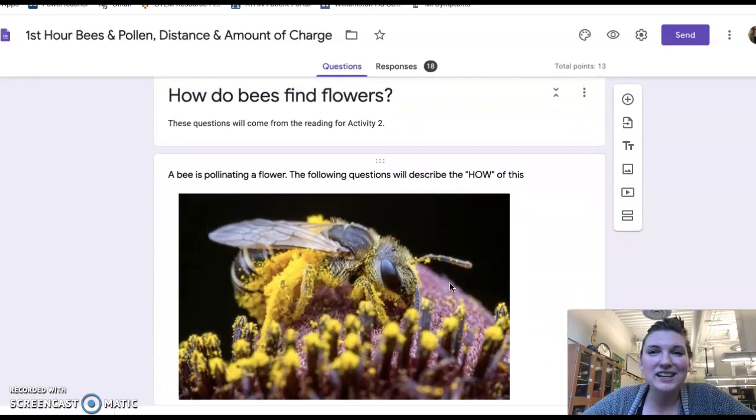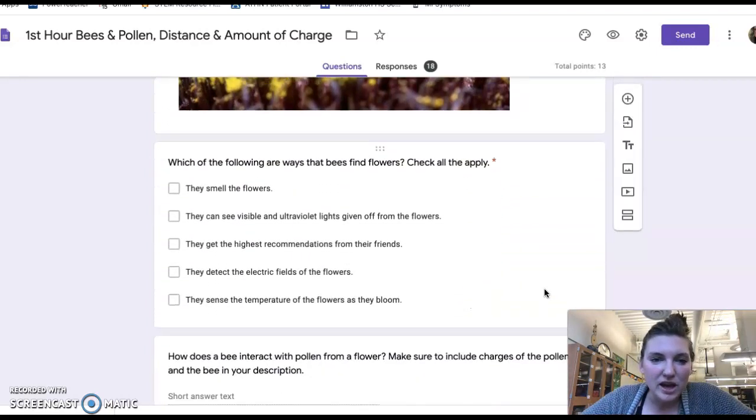Okay, so then you have that reading, how do bees find flowers? Here's a bee pollinating a flower. The ways that bees find flowers: they can smell them. They can also see both visible and ultraviolet light given off by the flowers. And they can also detect the electric fields of flowers.